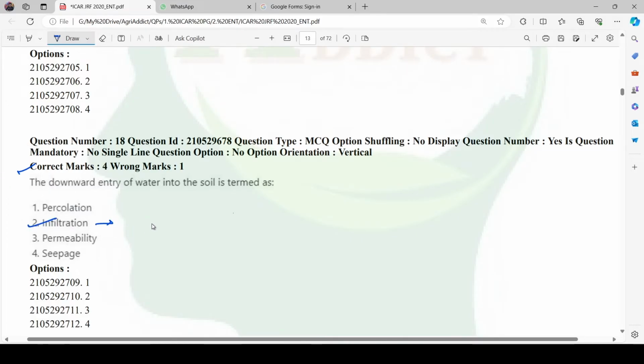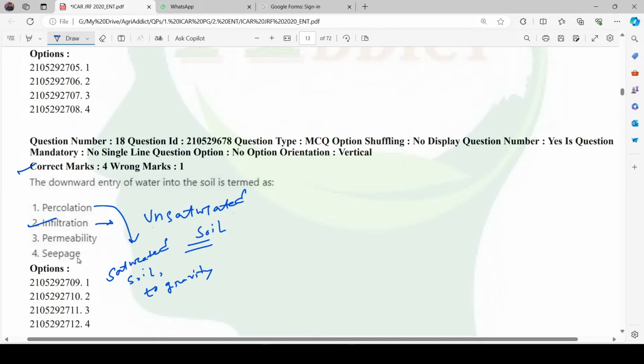So what is infiltration? Infiltration is simply the entry of water into unsaturated soil. But percolation is also a downward movement of water, in that case through saturated soil, with the help of gravity.